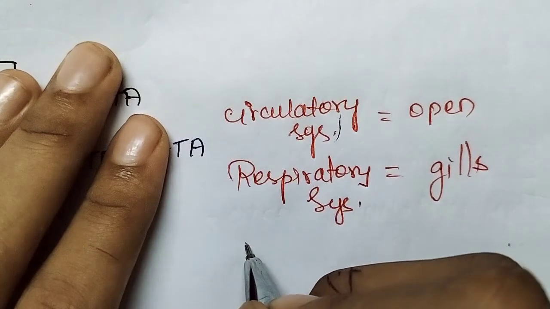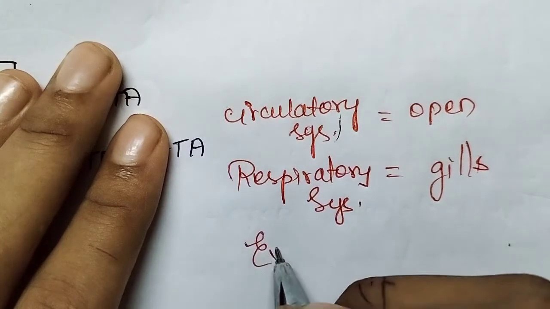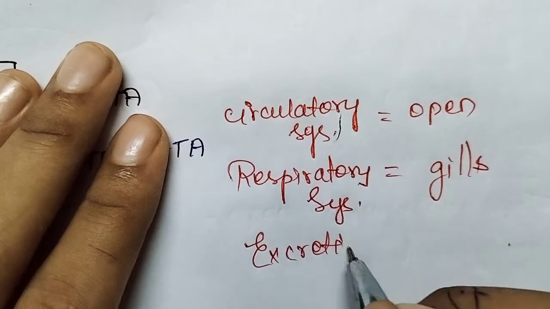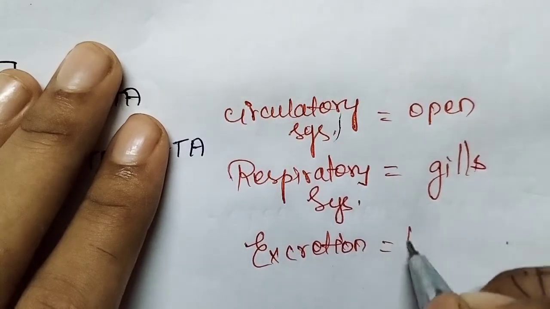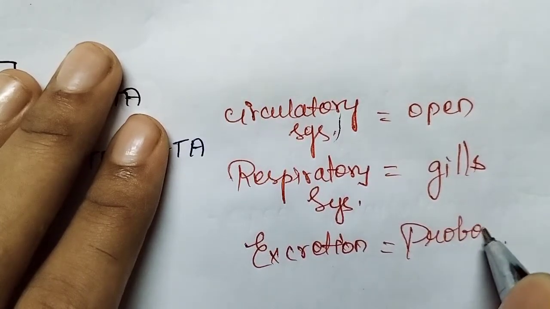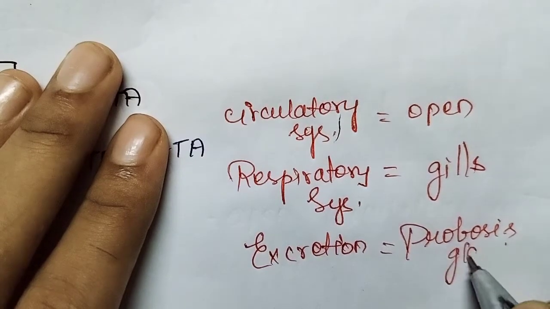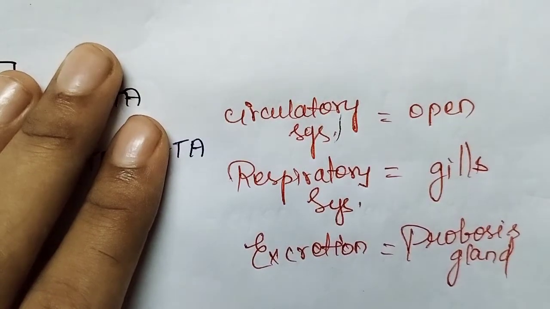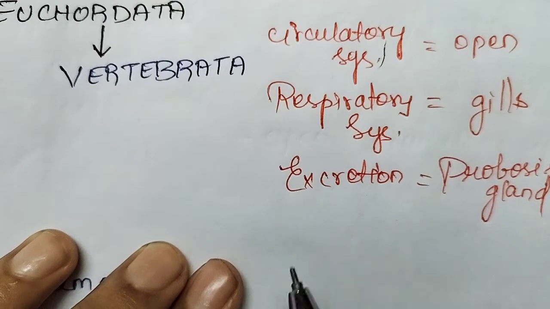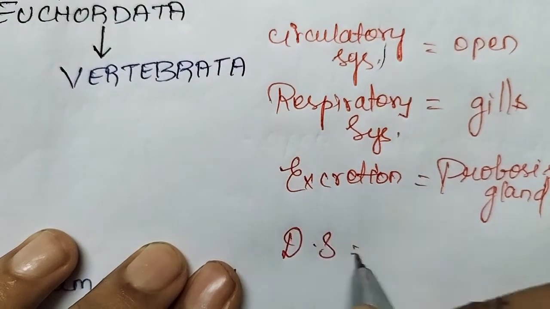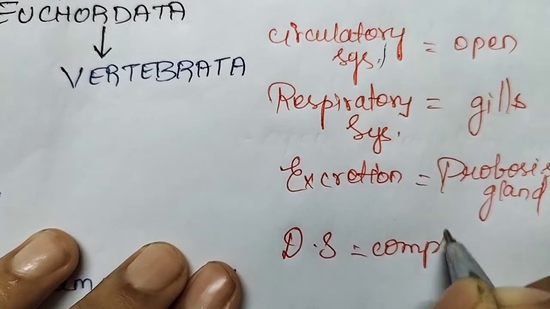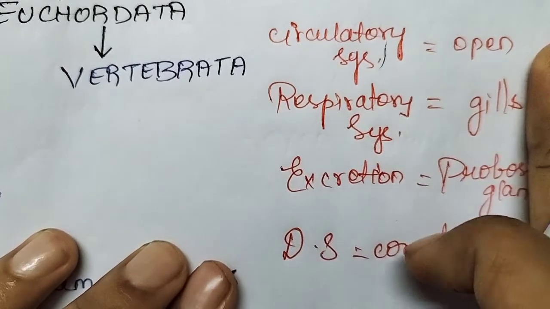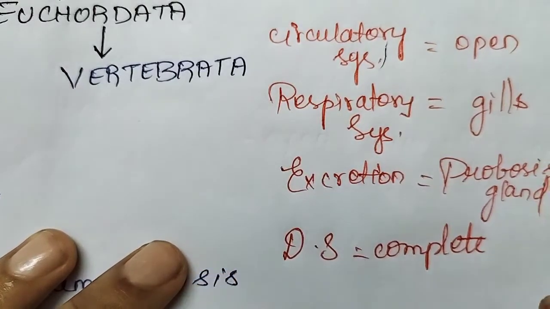Then excretion through the proboscis gland. And the digestive system is complete. So these are the features of Stomochordates.